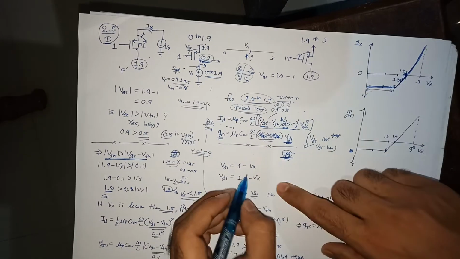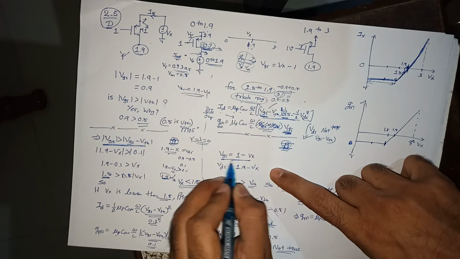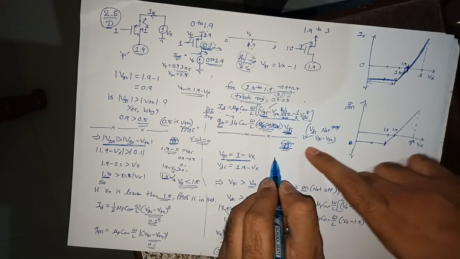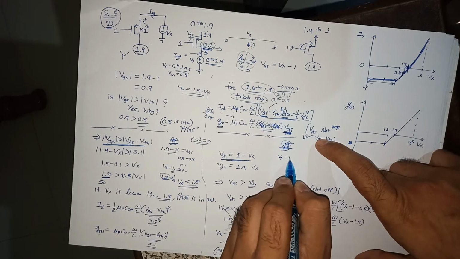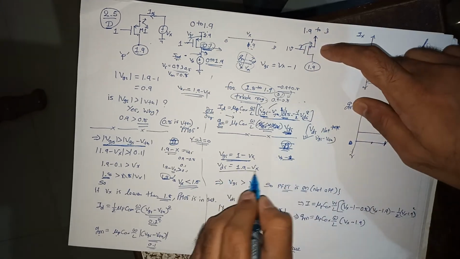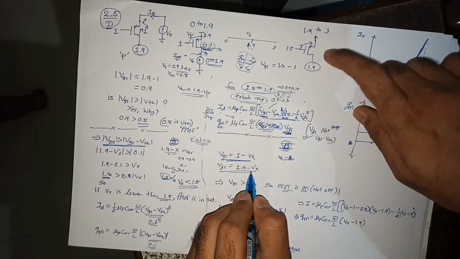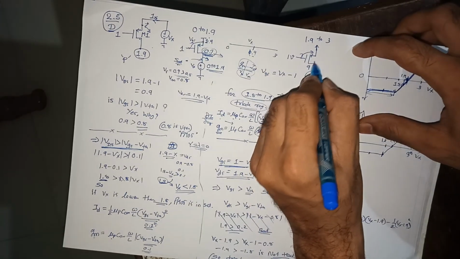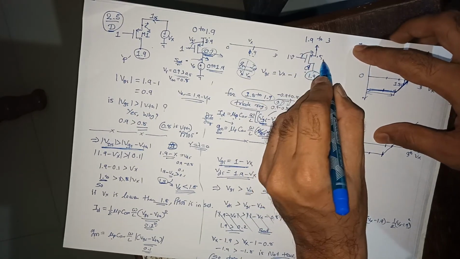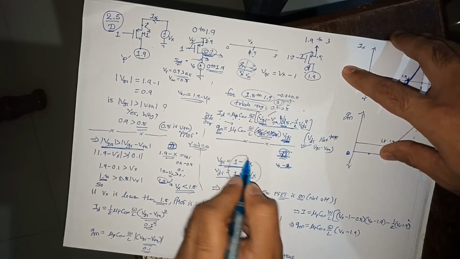Vds I already wrote here. So see, traditionally, if you write, you will make a mistake here: 1 minus Vx you will find. My way is Vx minus 1. Vds is 1.9 minus Vx. This is the drain, this is the source, so I'm calculating Vd minus Vs, so it will be 1.9 minus Vx. This is the traditional method.